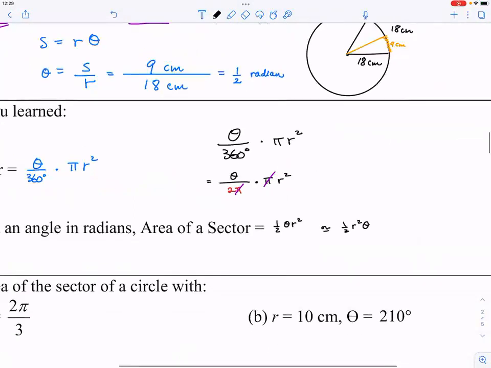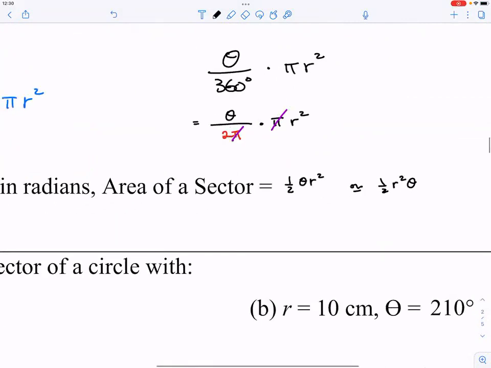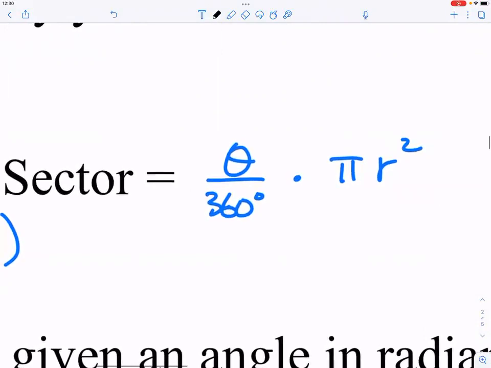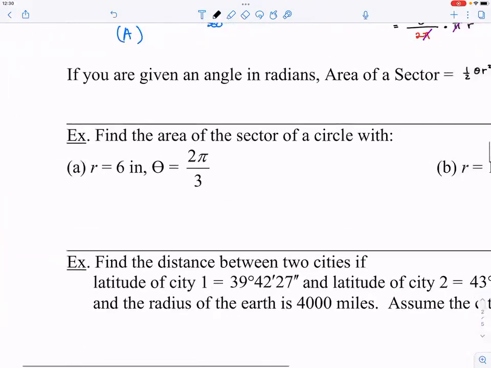The other way you can also consider is that if you put a degree here, the degree symbol would get stuck in your answer, which is kind of weird. Why would you have a degree symbol for the area? But if you put a degree angle over here, the degree symbol will get canceled out because you have 360 degrees in the denominator.